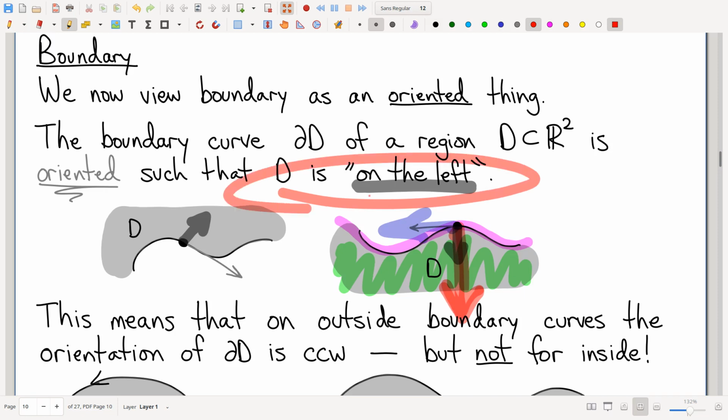So try not to oversimplify. Always go to the left or always go to the right. It's not that simple. Go whichever way puts the region whose boundary you're talking about on your left.